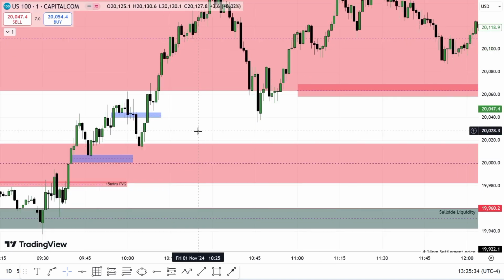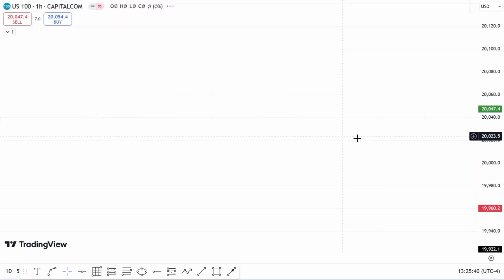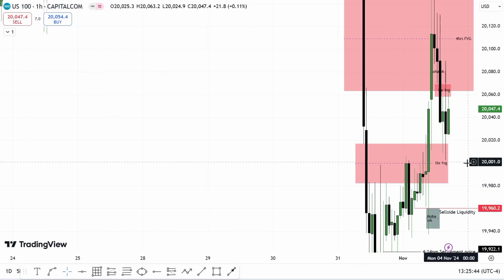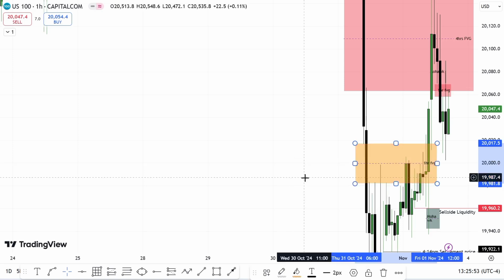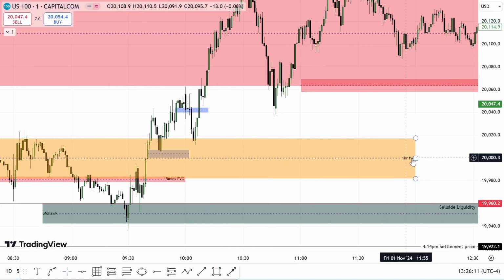Now you also notice how the 1 hour bearish fair value gap, let me bring that out, it will be clearer. Notice how the 1 hour bearish fair value gap becomes an inversion fair value gap. Let me change the color for this now so you see. So you notice how this 1 hour bearish fair value gap becomes an inversion fair value gap.